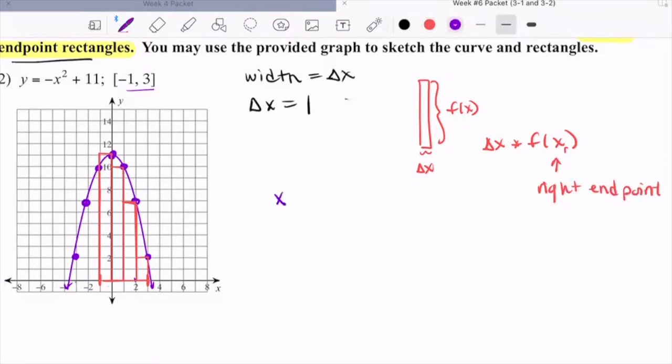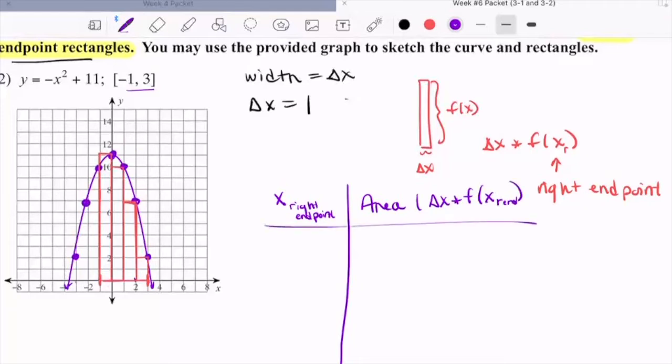We're going to input the x, the endpoint. So I'll call it x sub right endpoint, just so it's really clear what we're finding for our x, or our input value here. Then here we'll do the area, which again is change of x times f at x sub right endpoint.